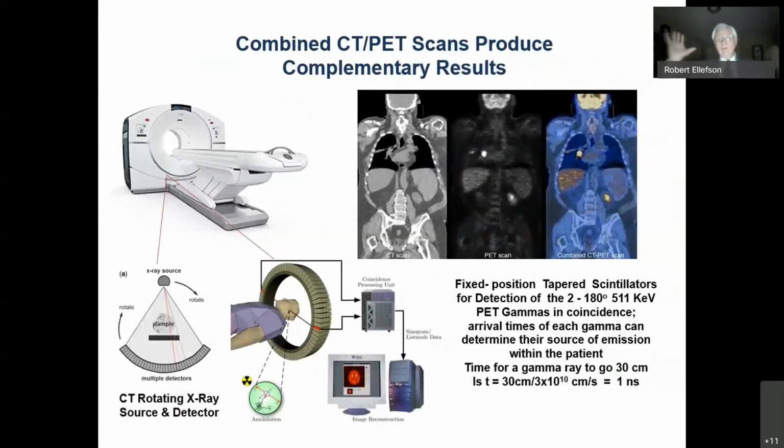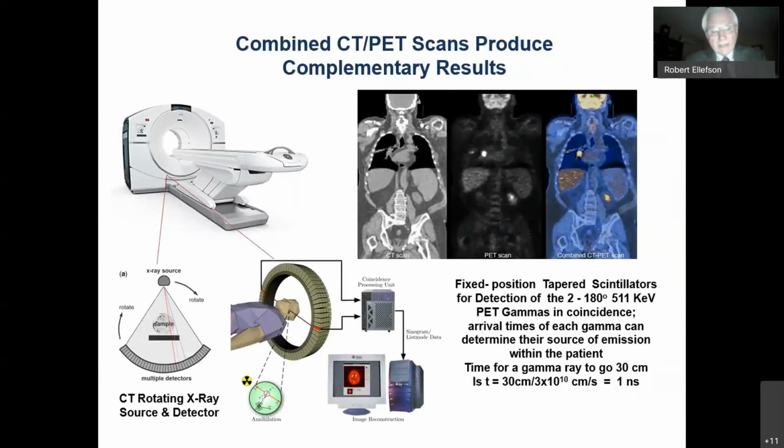Okay, so how do you use this? Well, the practical way is to have a combined PET CT scan to use the complementary images that they both make and put them together. So again, we have our CT table where the X-ray and detector system rotates around the patient, and you get an image of the whole body.